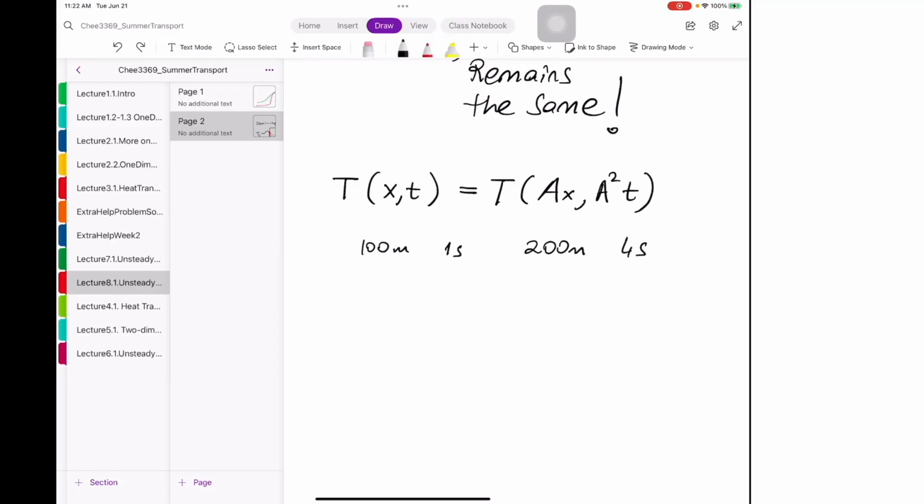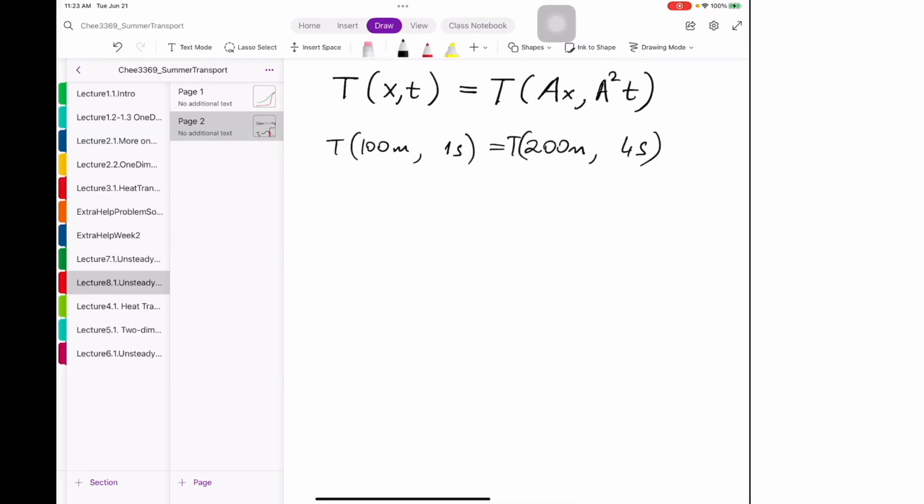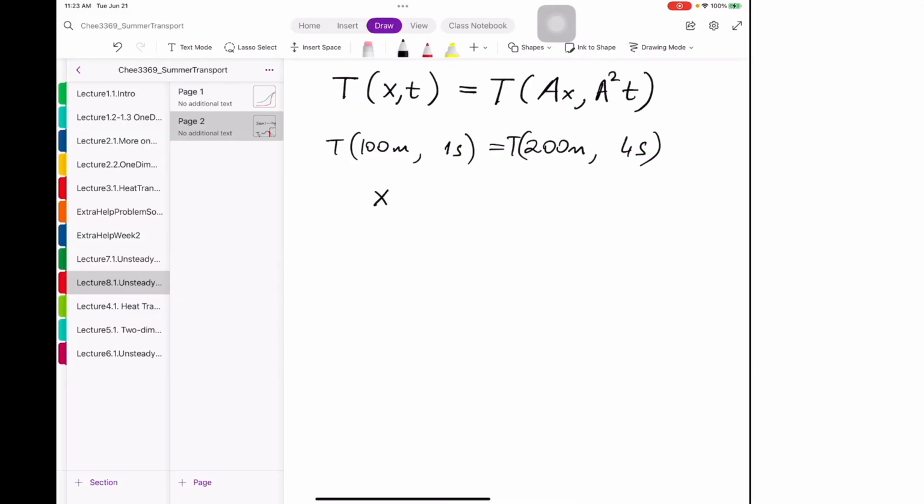Now, here is the argument. Now you have the same solution, right? This means the following. If you define a quantity, which is called like x squared over t, for example, look at the following quantity. Sorry, let me write this down. Imagine that you are dividing x squared over t.